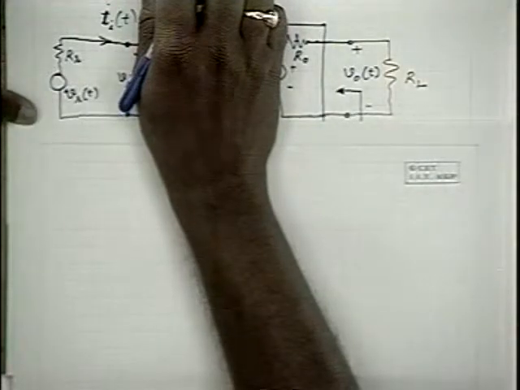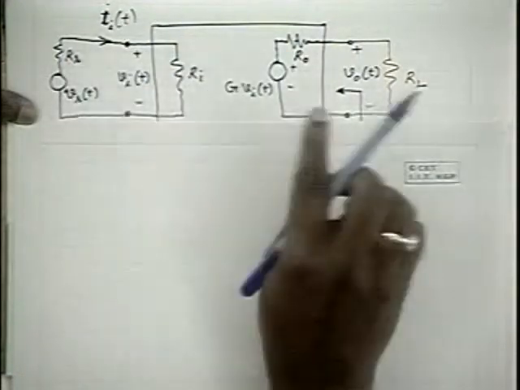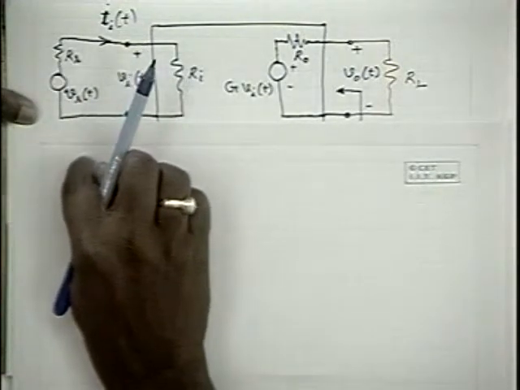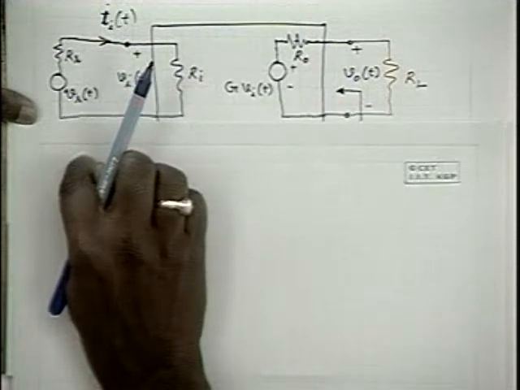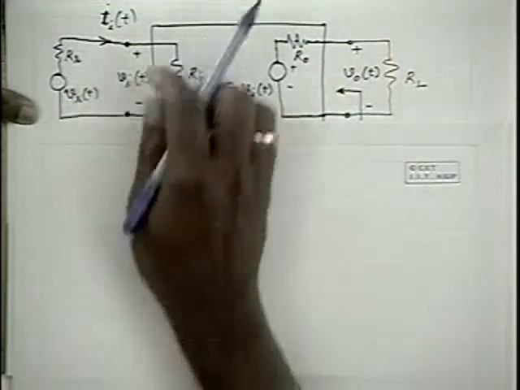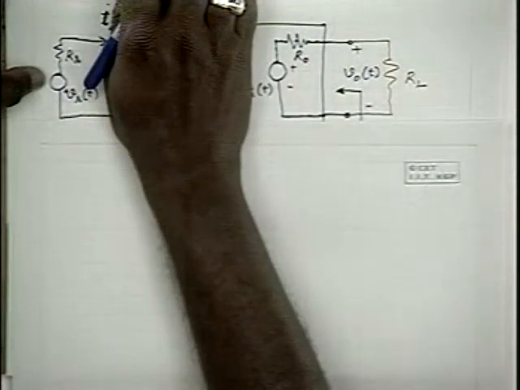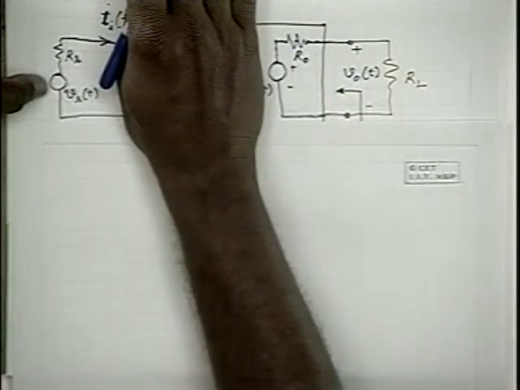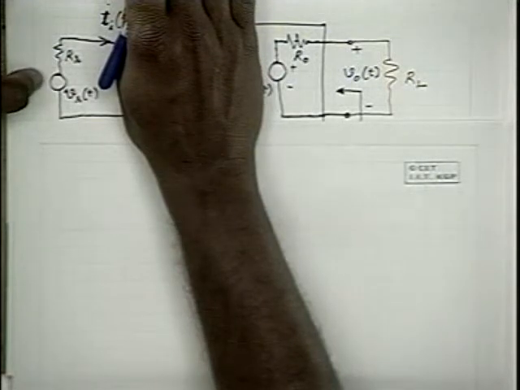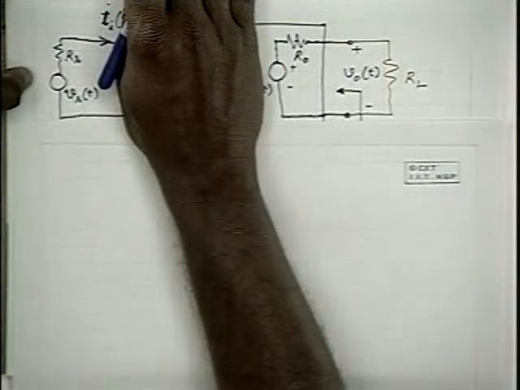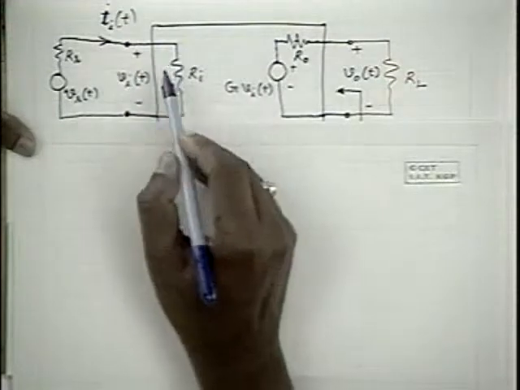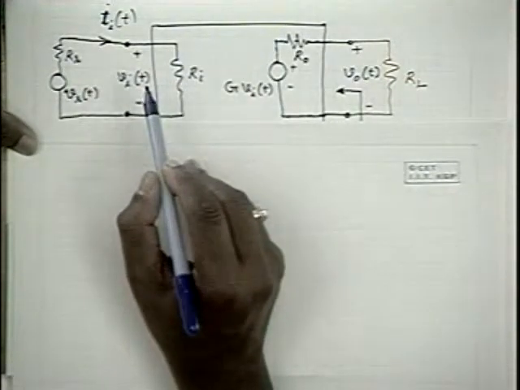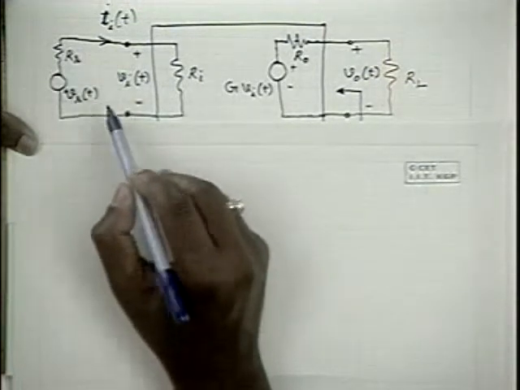So if you are interested in representing the gain in terms of that open circuit voltage of the source, because that is the standard, that is what is available to you. When nothing about the load is given, what is known to you? Whatever voltage it gives under open circuit conditions. Now, if suddenly something is connected, it is going to drop. So let us express it in terms of this VST.